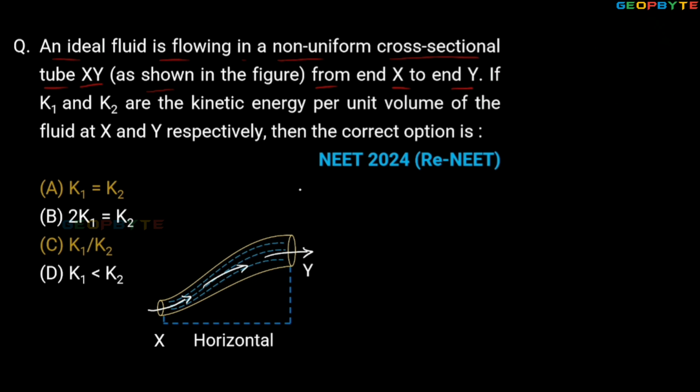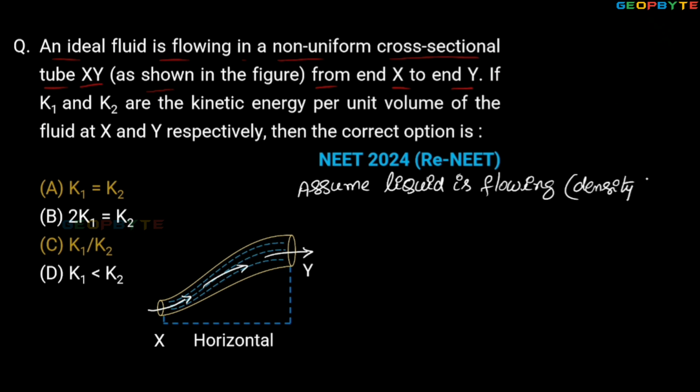Let us write that point. Assume liquid is flowing. Fluid may be gas or liquid. I am assuming liquid is flowing. Since liquids come under incompressible fluids, therefore density rho remains constant.